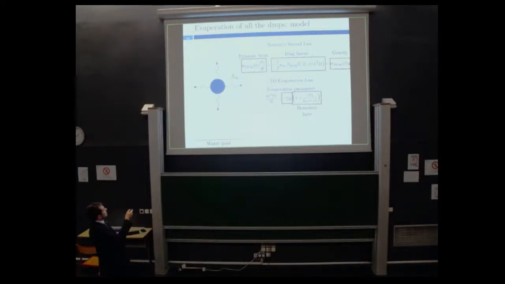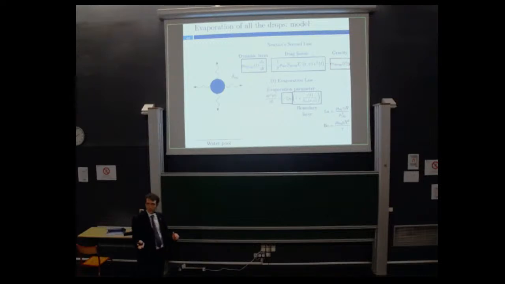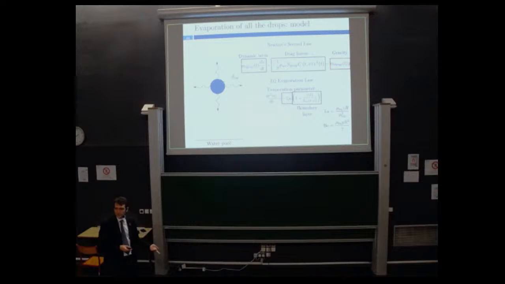So the drop will rise up and then go gently down while evaporating. If we play the small video, you can see that the drop is rising up and then evaporating during the whole flight. I'm recalling here our two dimensionless parameters, the Laplace number and the Bond number. We've seen that the Laplace number is very important for the drop size and the drop velocity.